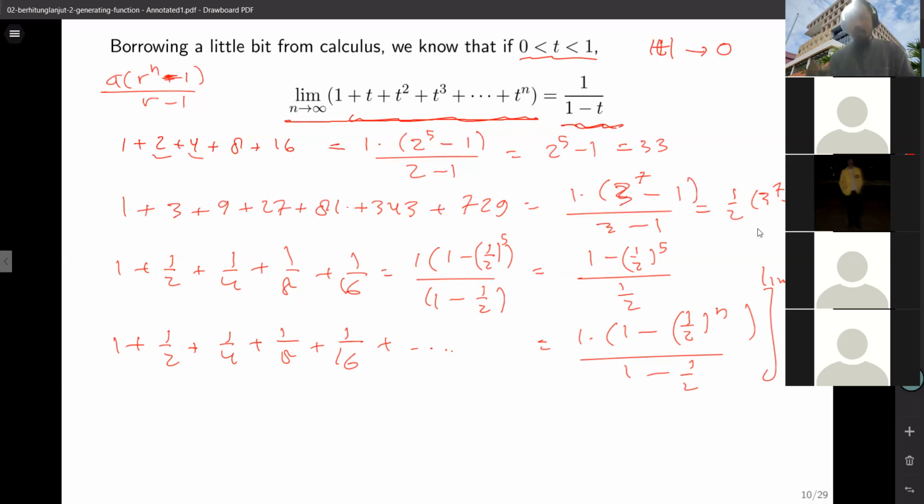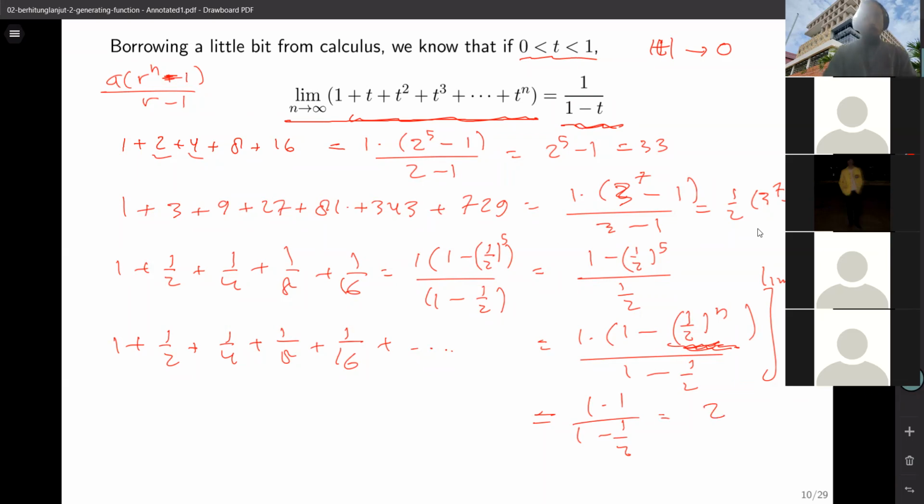Now, when you have that limit, this term goes to 0 because n goes to infinity. So that means we have 1 times 1 over 1 minus 1/2, which gives us, of course, 2.